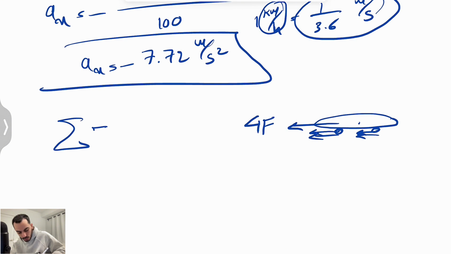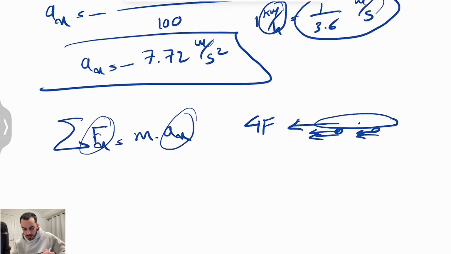We have the sum of all forces in x equal to mass times acceleration, and we can see that the force is actually in the opposite direction, which, based on Newton's law, the force and acceleration have to be in the same direction.